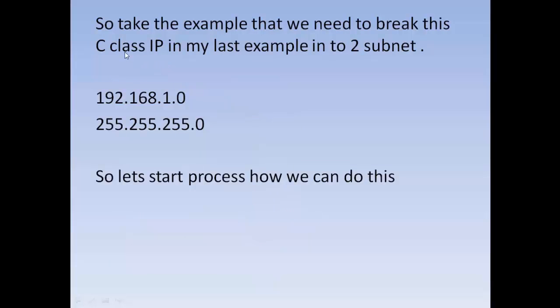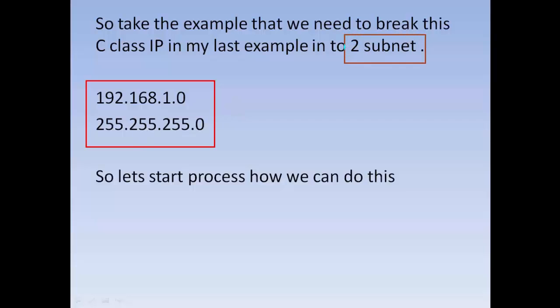For example, right now I'm going to start from the very beginning. Suppose I have to break this big network of 254 into two subnets, or you can say in my organization there are two different departments, marketing and sales. So I need two different subnets.